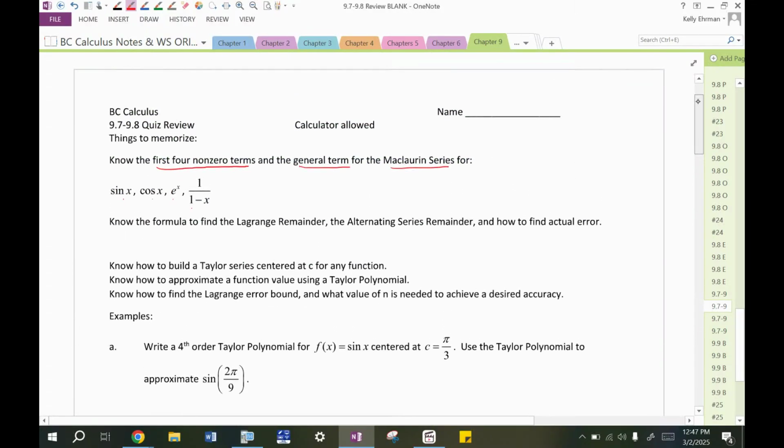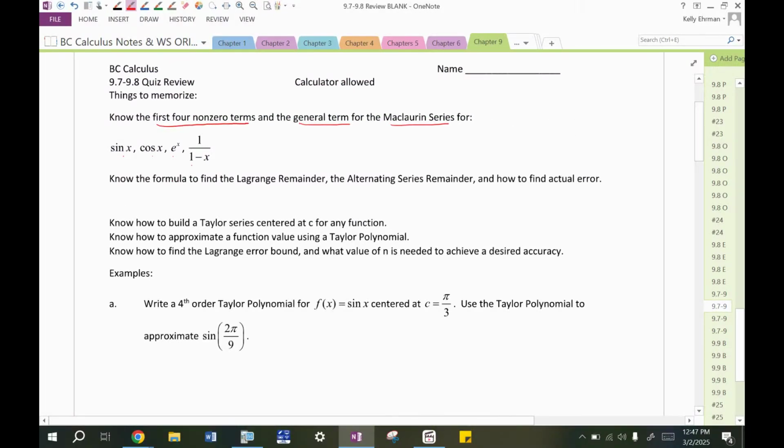All right, so what else do we have to do? Know the formula to find Lagrange remainder, alternating series remainder, and actual error. So here's the Lagrange formula. So we're saying, in general, if I want to know the difference between f of x and some nth degree Taylor polynomial for x, that's equal to the remainder at x.